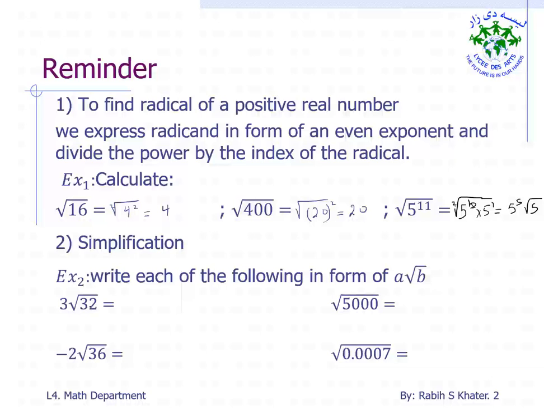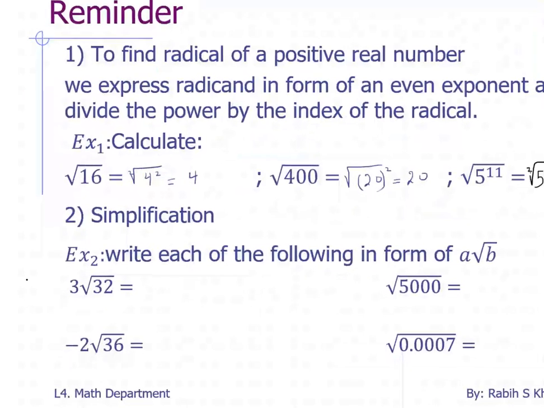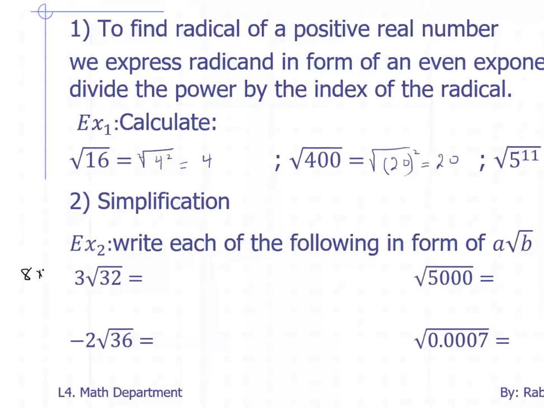So we will try to say that 32 is the product of 8 times 4. Yes, it is a product of two numbers, and one of them is of even power. But still 8 can be written in the form of an even power in a way or another. So can you find another combination of a product of two numbers in which we get 32 and we still have an even bigger power? Yes, it's 16 times 2.